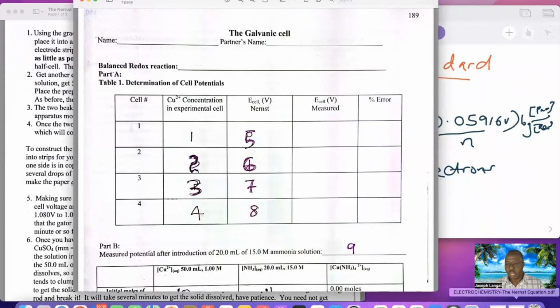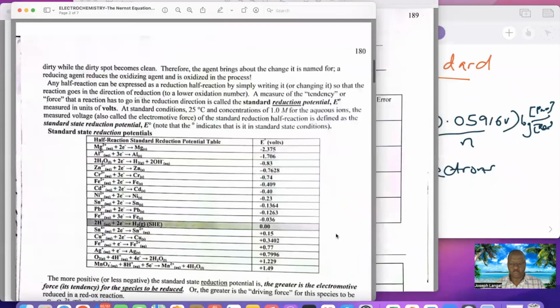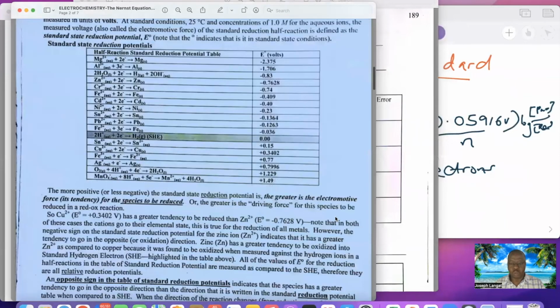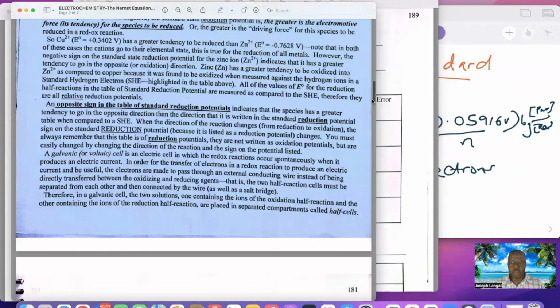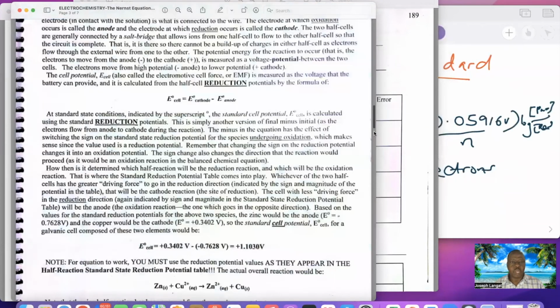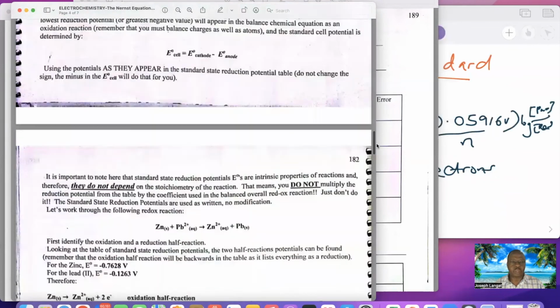Let's see how the Nernst equation will work. This right here, the Nernst equation, this is just for the cell.